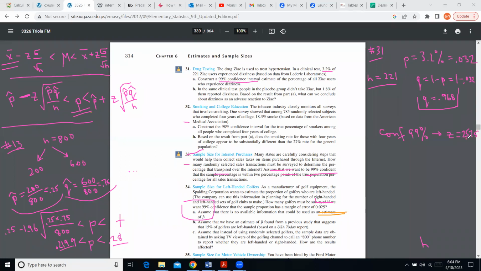So we're gonna get the left end of it as P hat minus z times the square root of PQ over N, right? To estimate the proportion. So let me enter these numbers in a calculator as usual.